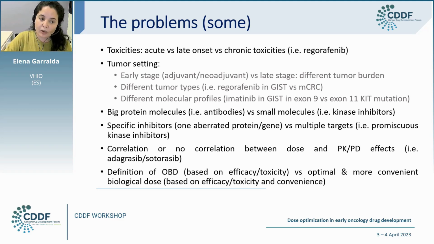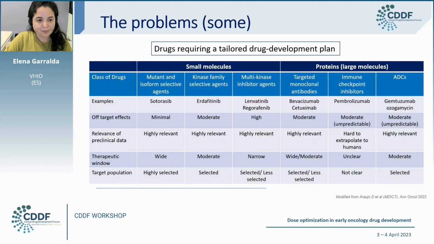Also, is there correlation or no correlation between dose and PK/PD effects? And finally, the definition of the optimal biological dose based on efficacy and toxicity, we're also needing to counterpart other aspects such as convenience.